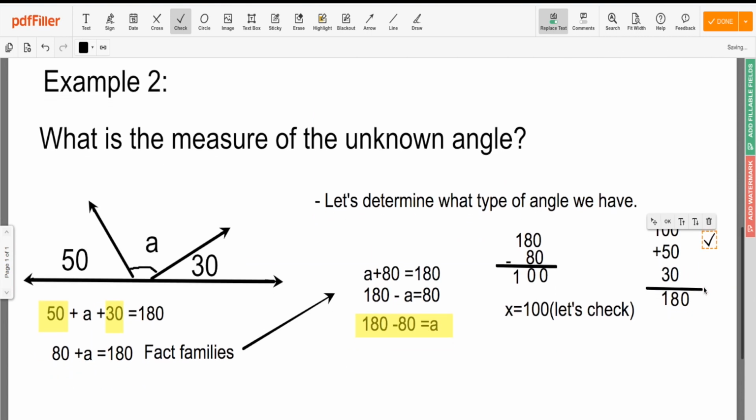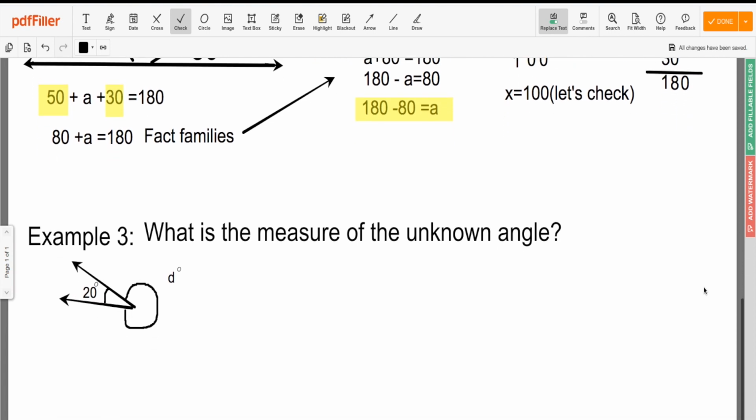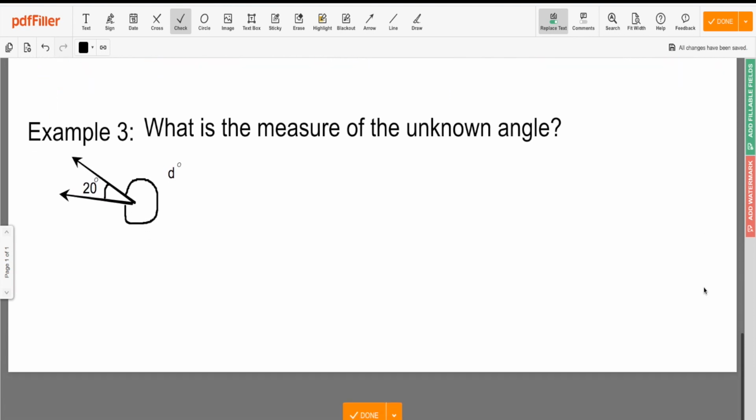Great job. Now for our last example, example number 3. What is the measure of the unknown angle? This problem has been decomposed into 2 separate angles as well, but these angles together make a complete turn. A complete turn, right?